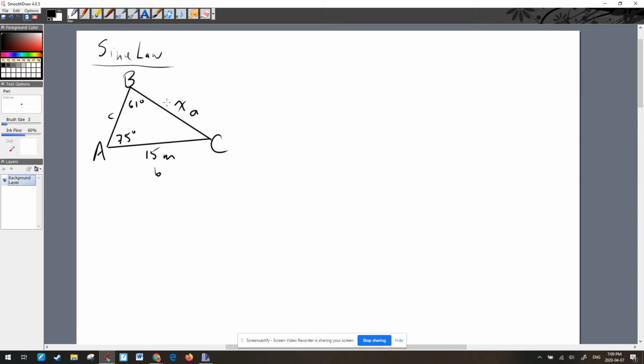So I'm looking for a side length, so I'm going to go with the variant of the sine law where the side lengths are on top. So I'm going to do a over the sine of A equals b over the sine of B equals c over the sine of C. I'm going to fill everything in.